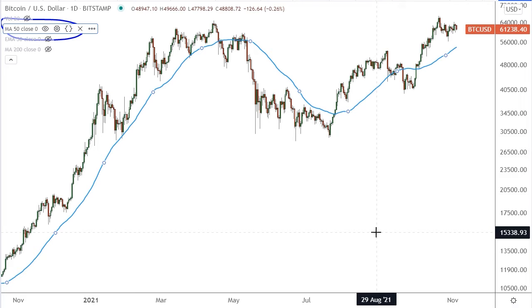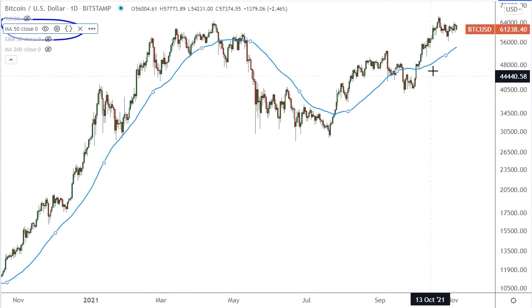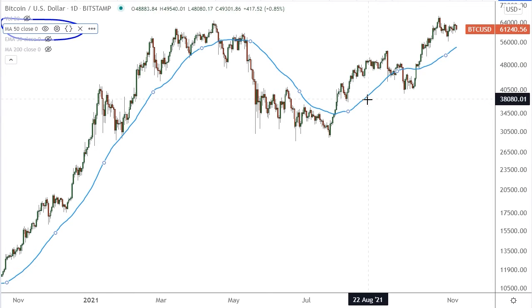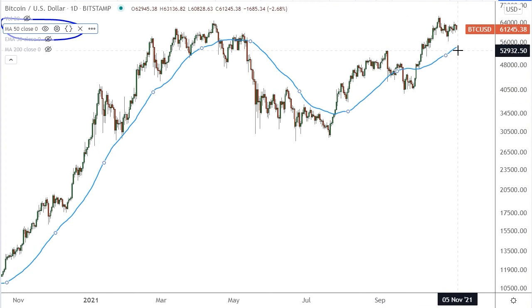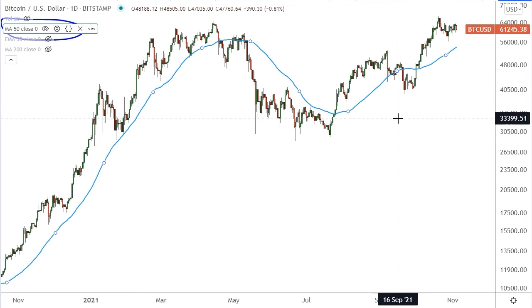The second most popular one is called an exponential moving average. When traders developed the exponential moving average, they realized that the signals generated off of the simple moving average do not appear to be very timely. So they wanted the moving average to be more sensitive to the price action taking place.